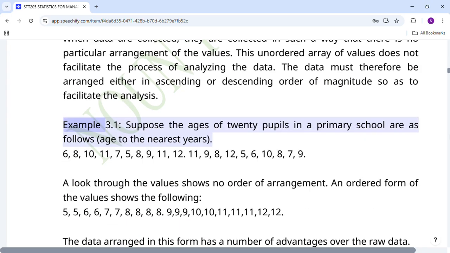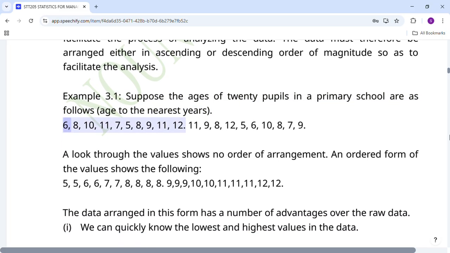Example 3.1. Suppose the ages of 20 pupils in a primary school are as follows, age to the nearest year: 6, 8, 10, 11, 7, 5, 8, 9, 11, 12, 11, 9, 8, 12, 5, 6, 10, 8, 7, 9.